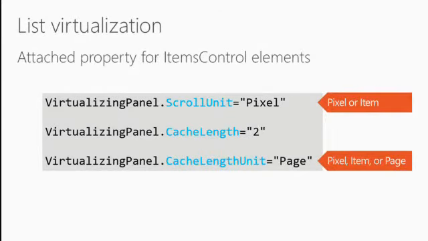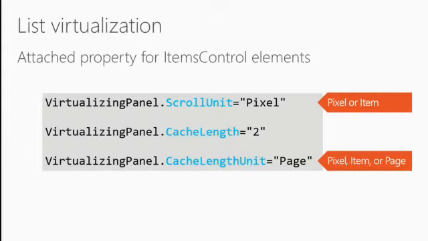All right, so another nice feature here is list virtualization. We added list virtualization quite some time ago to WPF, but we didn't have the ability to really have better control over the display of those lists. So if you did list virtualization before, you couldn't deal with pixel-based scrolling. You only had whole elements because we actually did some clever swapping in and reusing of elements there. So now we support pixel-based scrolling.